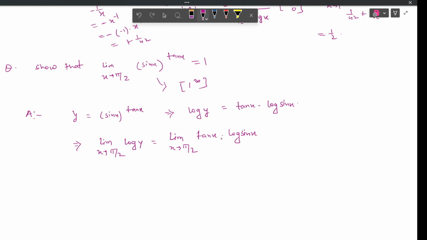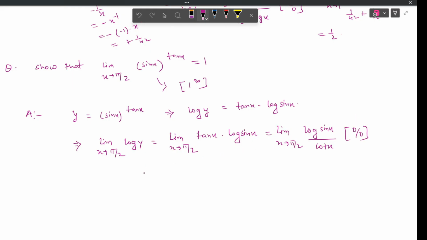Now if you see, you can write it as limit x tends to pi by 2 log of sin x by tan x. You can write it as 1 by cot x. So if you put pi by 2, sin pi by 2 is 1, log of 1 is 0, cot pi by 2 is 0, so this would be 0 by 0 form.